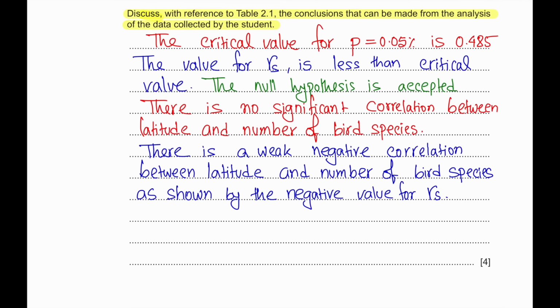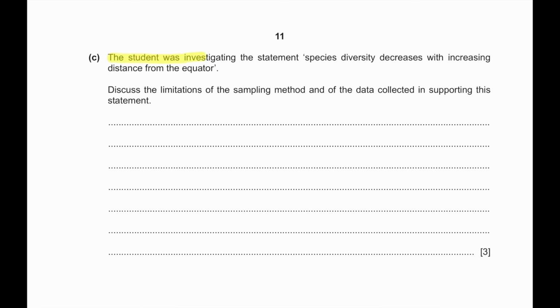C. The student was investigating the statement species diversity decreases with increasing distance from the equator. Discuss the limitations of sampling method and of the data collected in supporting this statement.